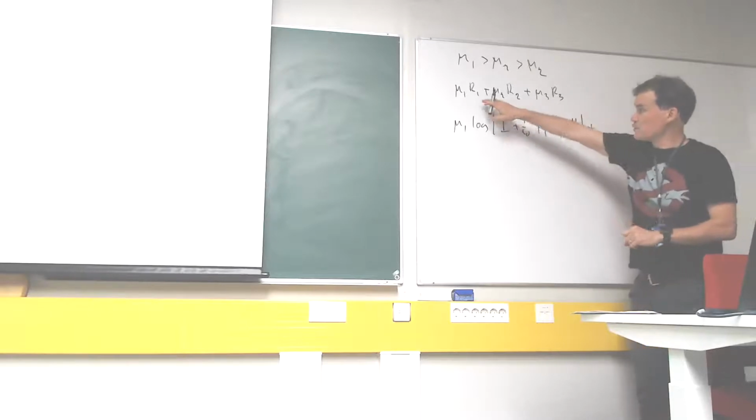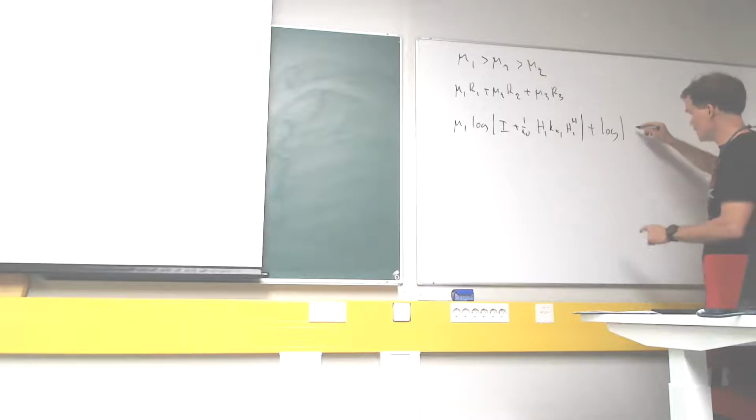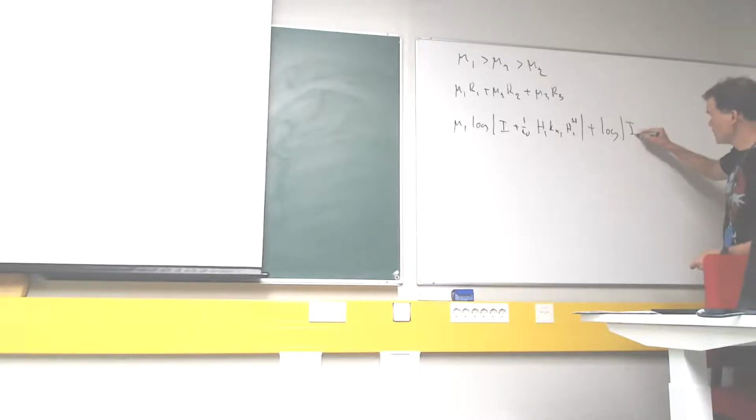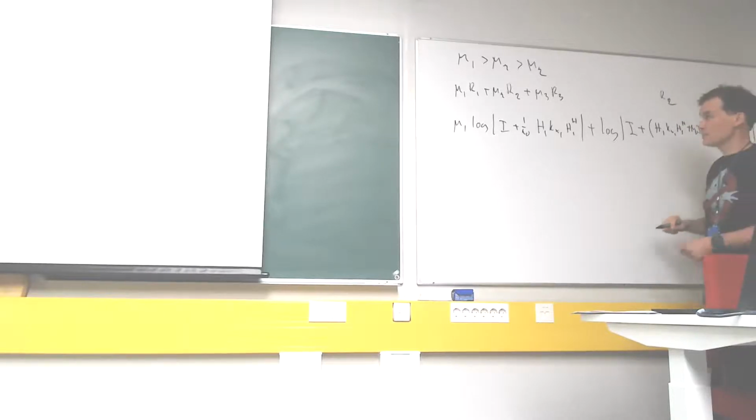User 3 is removed, but user 1 is remaining, so that will appear in the rate expression: log det of I plus the interference from user 1, H1 Kx1 H1 Hermitian plus N0 I, inverse, times H2 Kx2 H2 Hermitian. This is the rate of user 2.